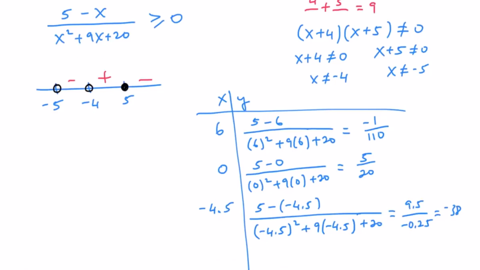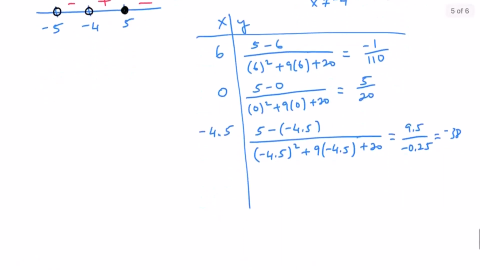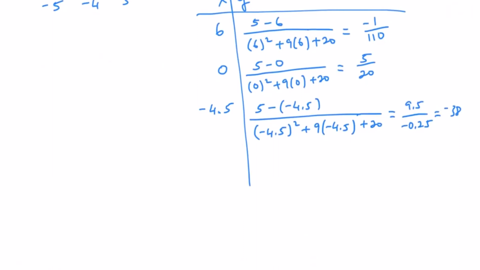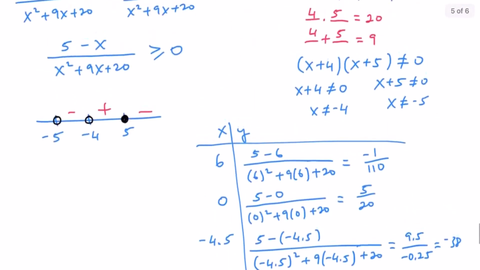So we have a negative interval. And let's pick a number that is less than negative 5. So let's pick negative 6. So we have 5 minus negative 6 over negative 6 squared plus 9 times negative 6 plus 20. So this is 11 over 2. So this is a positive interval.